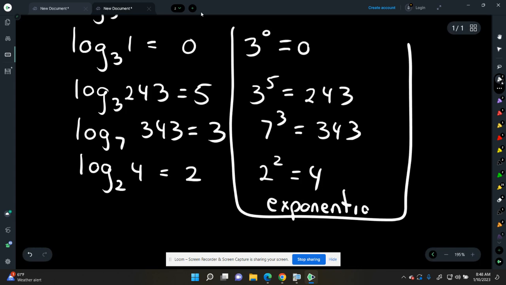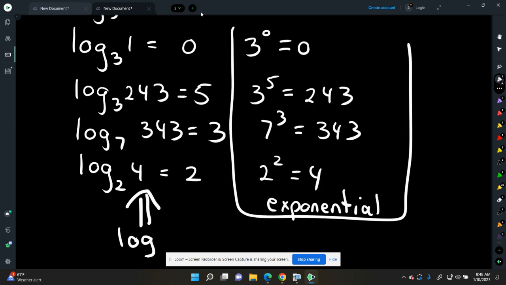And then the next section says to rewrite it in logarithmic form, right? So this is logarithmic form. And then the bottom part, you're evaluating it.